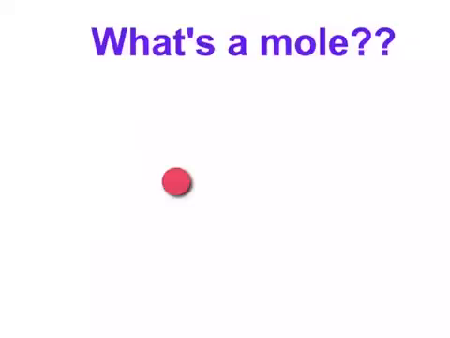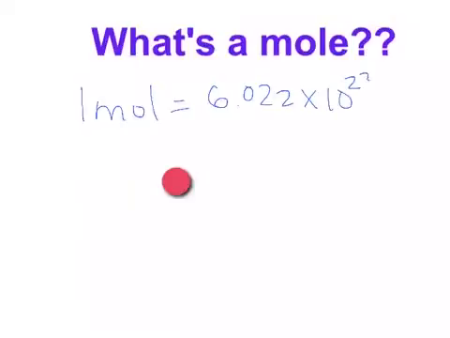So instead, they created a shortcut. Just like 1 dozen is a shortcut for 12 eggs or 12 of something, a mole is a shortcut. 1 mole of a substance is 6.022 times 10 to the 23rd of that substance.